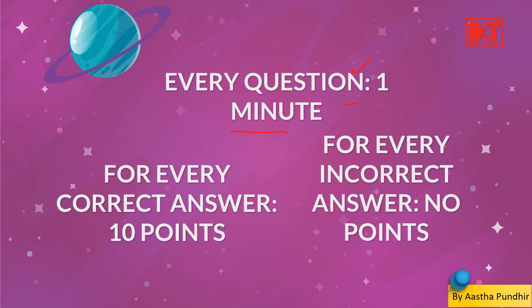Pause the video and write down your answer. It is very important to answer each and every question because there is no negative marking. For every incorrect answer, no points are deducted, because there is no negative marking in IEO, so it is important that you attempt all the questions.